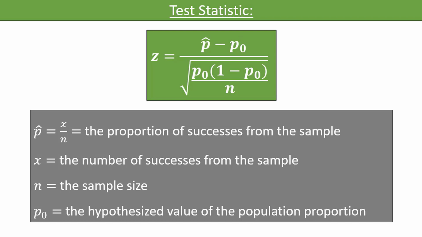Essentially, we are comparing the sample proportion p hat to the stated population proportion p sub 0. The test statistic will tell us how many standard deviations away from the mean our sampled p hat is, assuming that the null hypothesis is true.